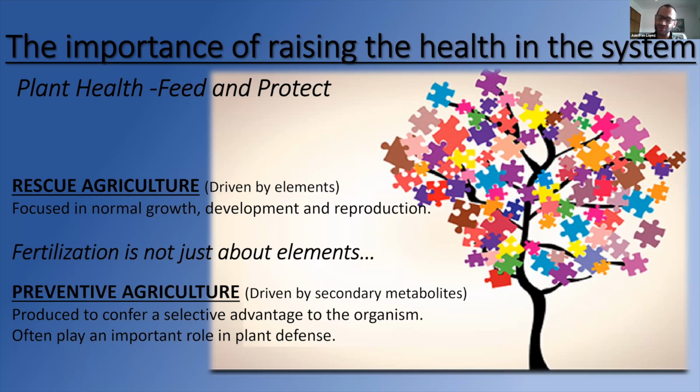Rescue or conventional agriculture is mainly driven just by elements. But fertilization is more than just elements. It is all the secondary metabolites, all the byproducts of the microbiology: phytohormones, organic acids and other compounds. That is what makes a plant healthy or not.